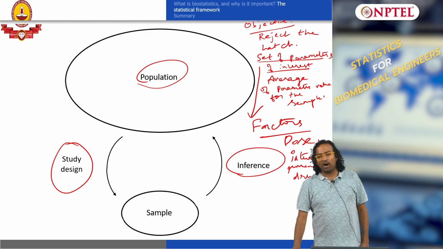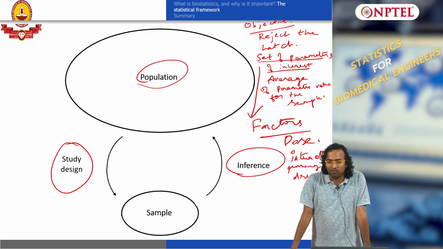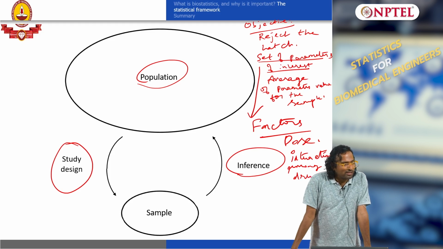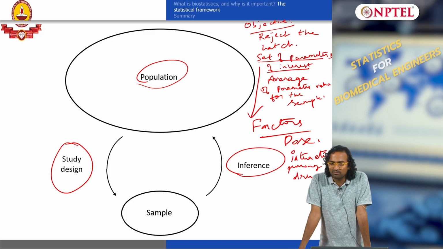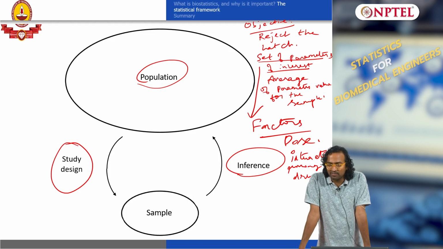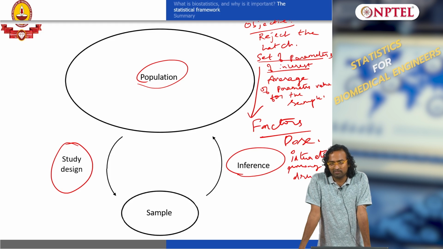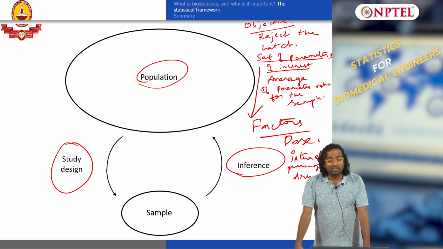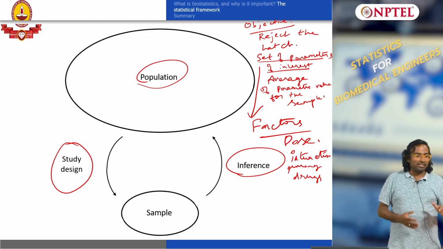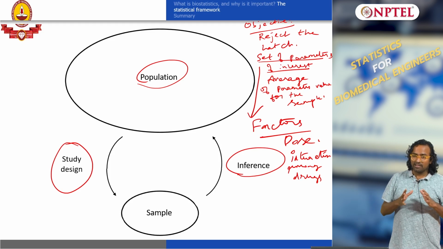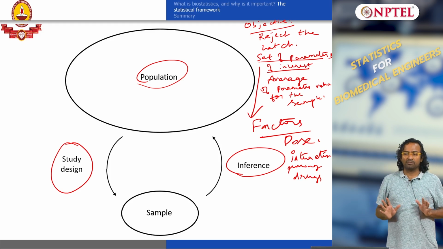That is when you know what sample to even look for, how many samples to look for. Because if you are going to do 10 dose levels, can I take only one sample from each dose? No, right? You need to have enough samples for each dose level. So when you list your objective very carefully, your study design will tell you how much sample you should pick up, okay.